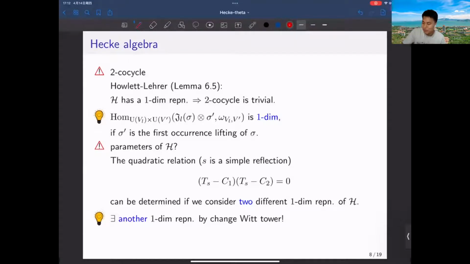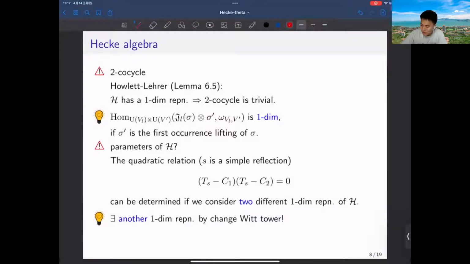If you read Howlett-Lehrer's paper, you will find that there's a lemma telling you that if H, the Hecke algebra, has a 1-dimensional representation, then it implies that the 2-cocycle is trivial. The second is that we actually have a 1-dimensional representation, which comes from the theta correspondence.